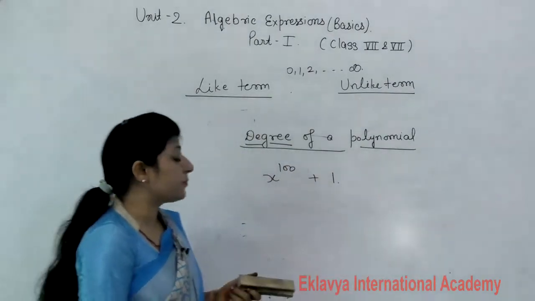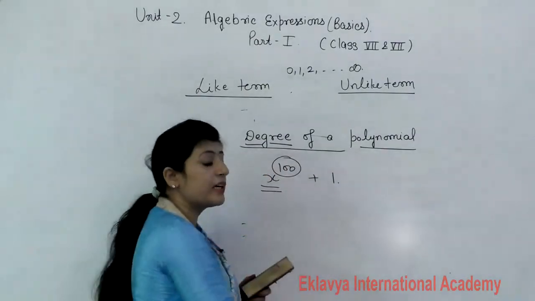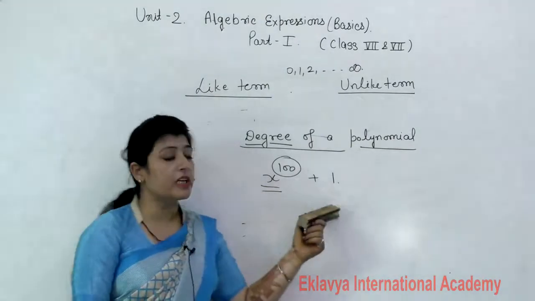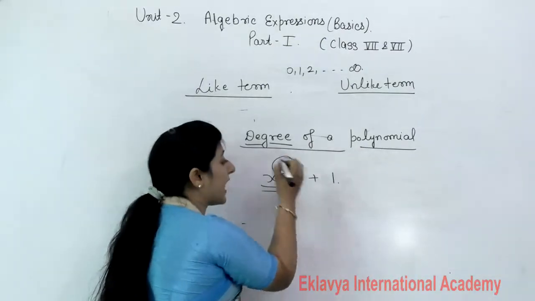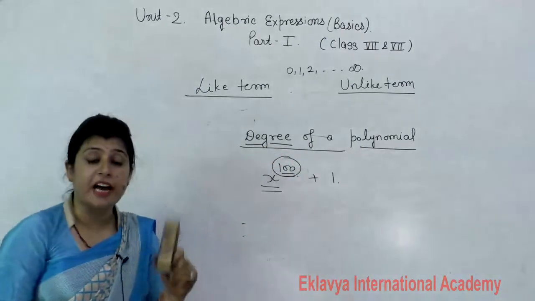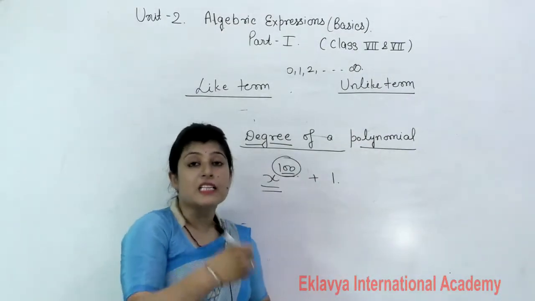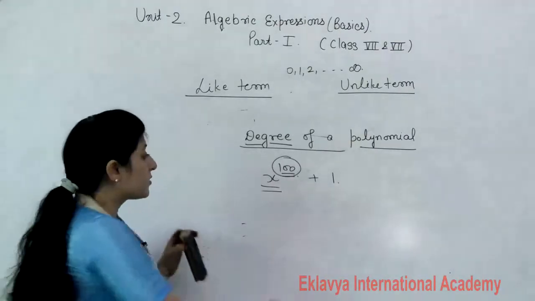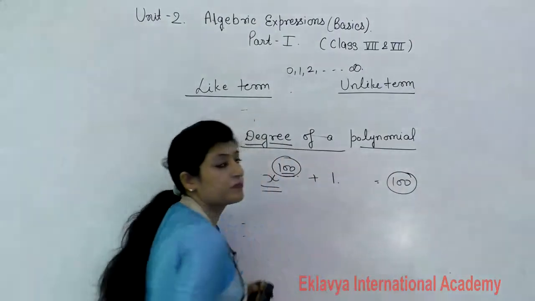Firstly decide, is it a polynomial? Only one variable, power is a whole number, that's why it is a polynomial. Or we can say 2 terms and it is a binomial. So the highest power of any variable in any term in the given polynomial is called the degree of the polynomial. So here the degree is 100.